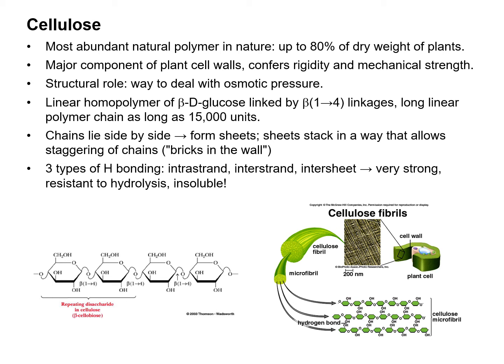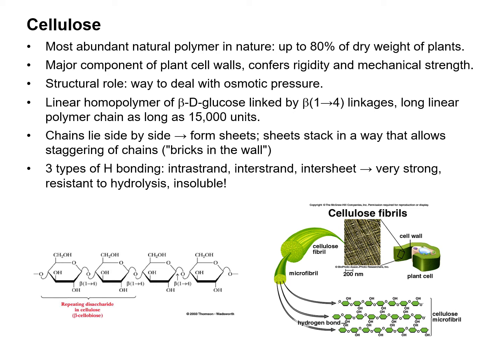The chains lie side by side to form the microfibril structure and also form sheets. These sheets stack in a way that allows the staggering of the chains, just like the bricks in a wall. It also forms the cellulose fibrils in the higher order structure.